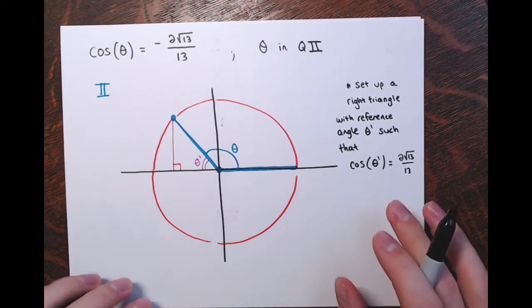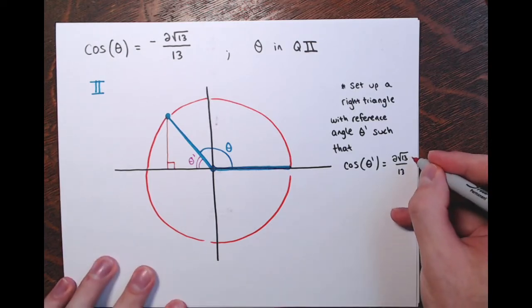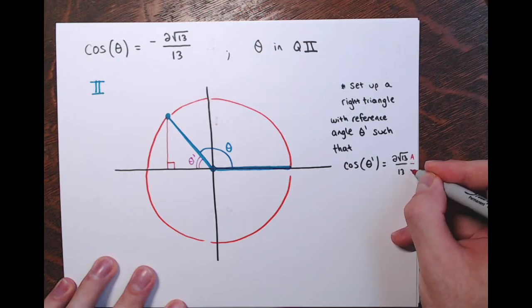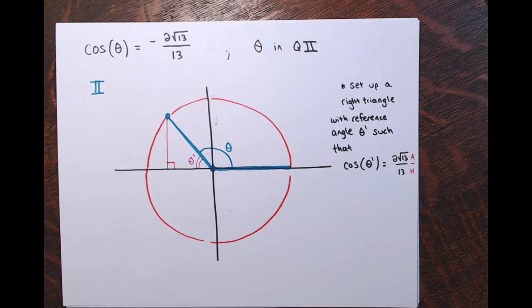Remember how cosine is in a right triangle: the numerator is the adjacent side, I'll put A for adjacent, and the denominator is the hypotenuse. Cosine is adjacent over hypotenuse.